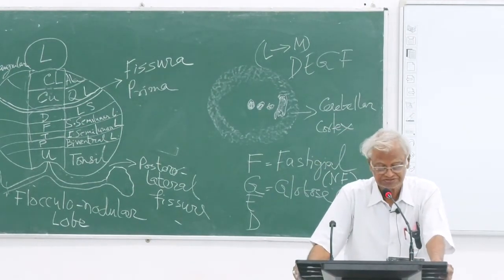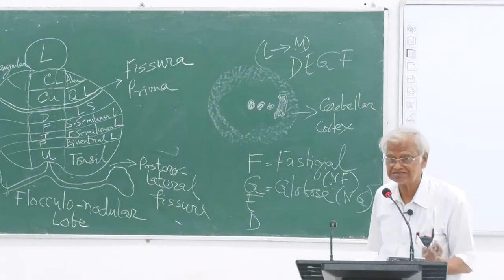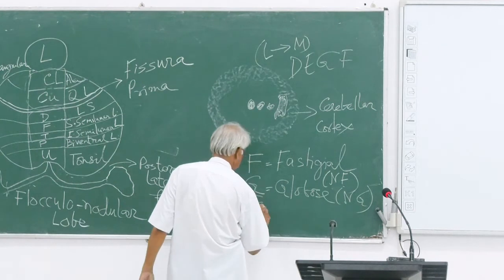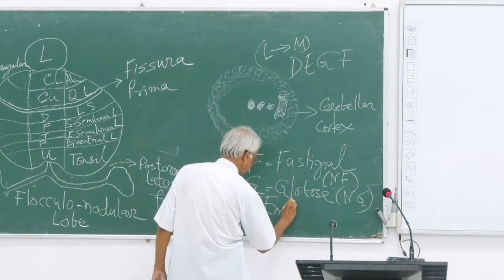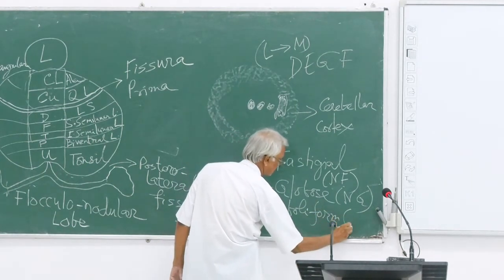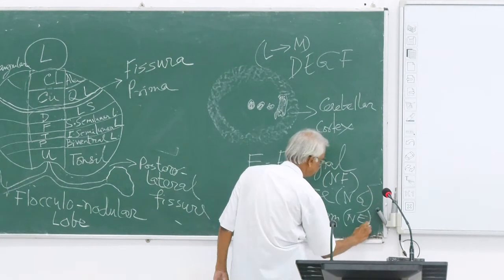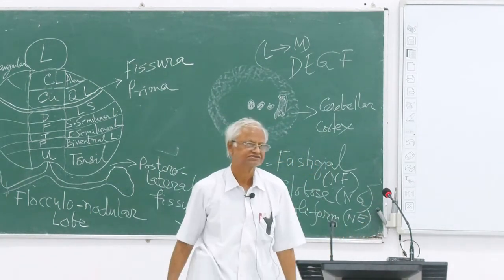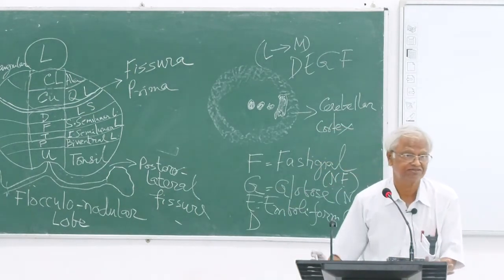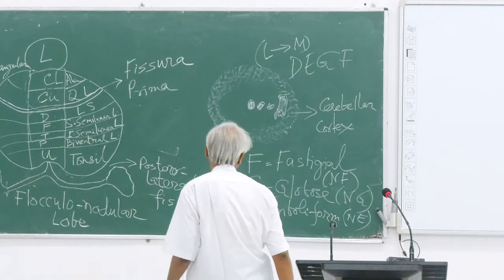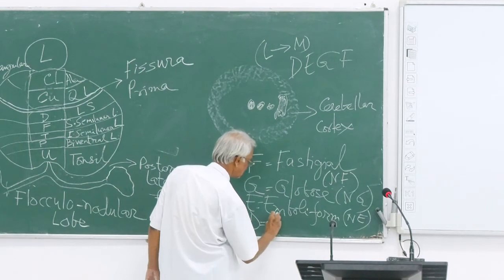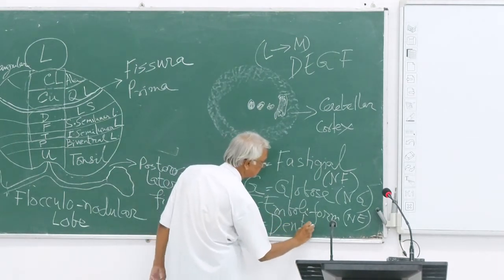Then comes E, the nucleus emboliformis. The last is the dentate nucleus, or nucleus dentatus, D-E-N-T-A-T-E.